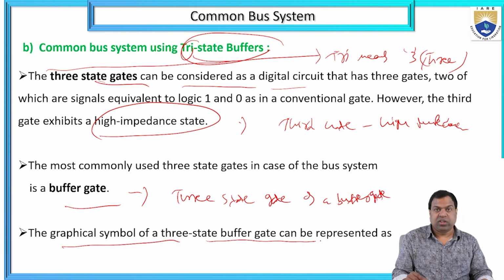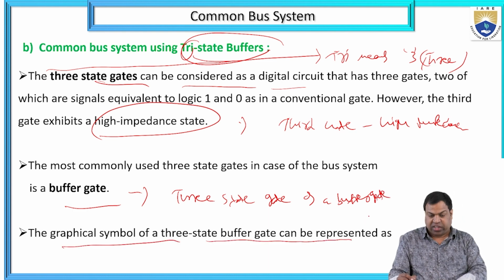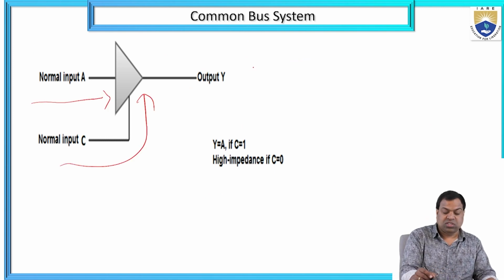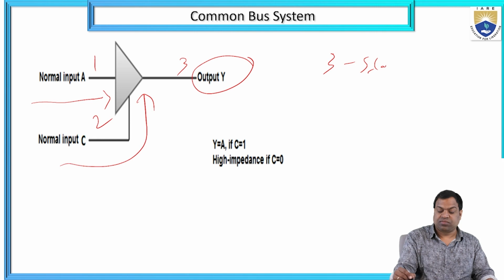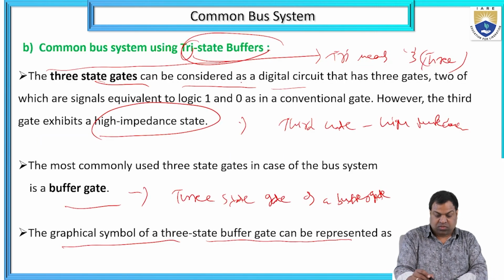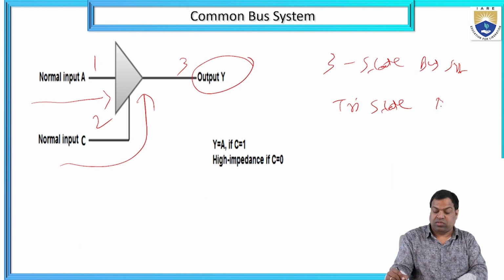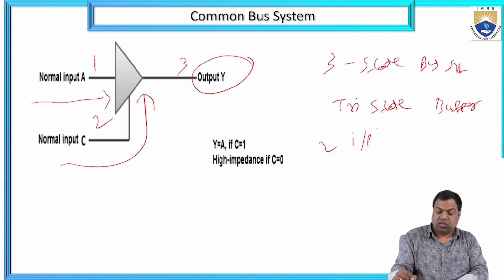The graphical symbol of a 3-state buffer can be represented as normal input A, control input C, and output Y. How many are there here? 1, 2, 3. So it is called a 3-state buffer. 2 inputs and 1 output.